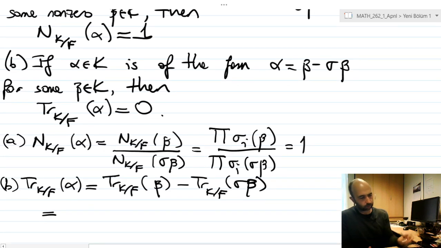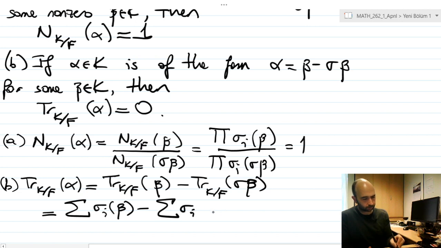But then trace can be written down as a sum of sigma i sigma beta. Again, you'll get a permutation of them. Maybe I should emphasize that now our extension is Galois, so the sigmas go through all automorphisms, and therefore sigma i's composed on the left or right again is going to run over the same automorphisms. You don't need left cosets here because the extension is already Galois. Okay, but again this is going to give 0. Fine.